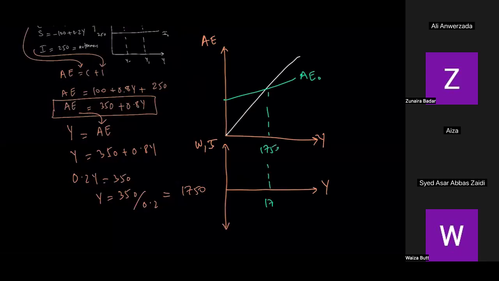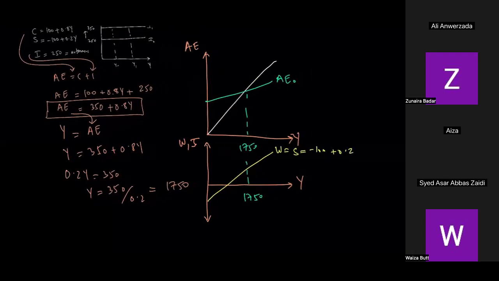You see 1750, on the same 1750, my withdrawals, which was my saving function, which was minus 100 plus 0.2Y, was equal to my injections, which was equal to 250. So equilibrium was taking place here. Now, guys, this is important to understand that in equilibrium, we said two things happen. A, Y must equal AE, and W must equal J. The answer must be the same. Okay. So this should lead to the same answer.